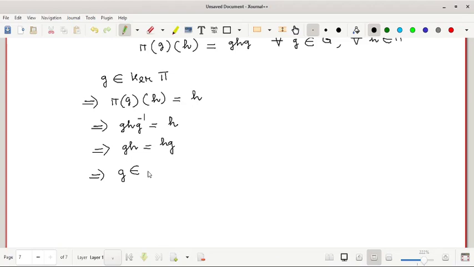So necessarily this should be true. So what is the meaning?